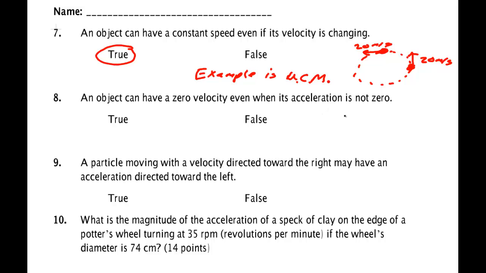An object can have zero velocity even when its acceleration is not zero. True. Ball going upward at top of its flight.